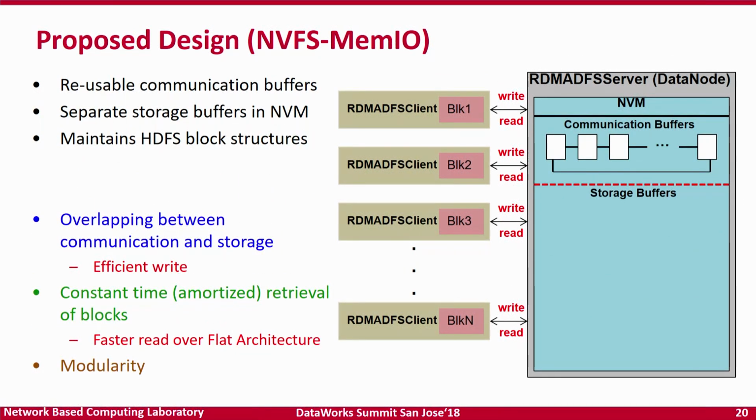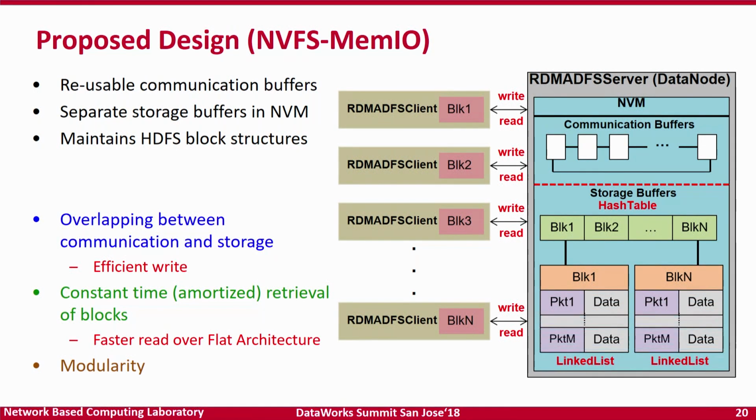We have another design with NVFS-MemIO, which is what we call the block architecture. Here you have reusable communication buffers and separate storage buffers in NVM, and this maintains the HDFS block architecture. Here you can have efficient communication overlap, because while you're communicating one block, you can be storing the other block.